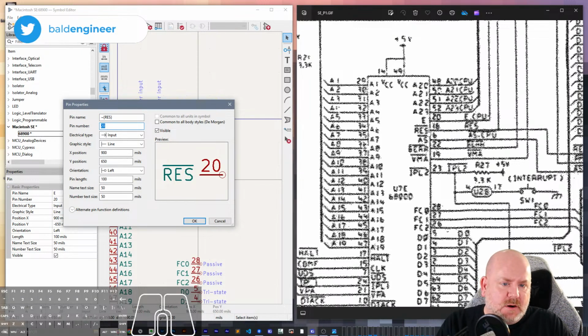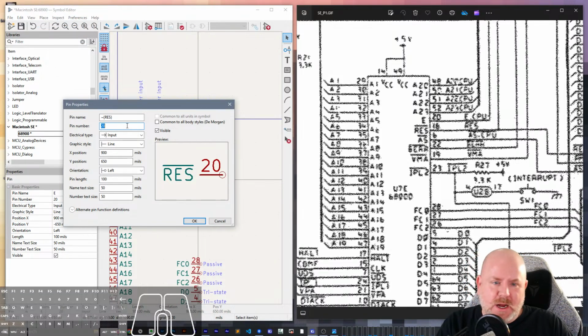RES, which I'm guessing is reset. That is 1 blob. I wonder how you denote blobs in KiCad. I'm going to go with 16 at the moment, and we'll find out later if I'm correct.